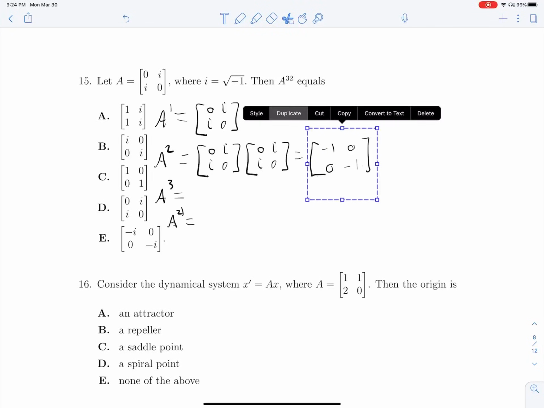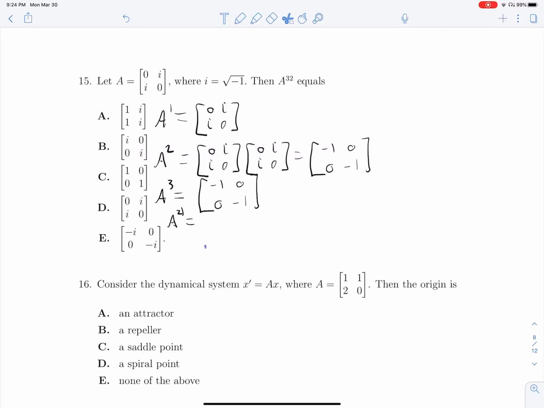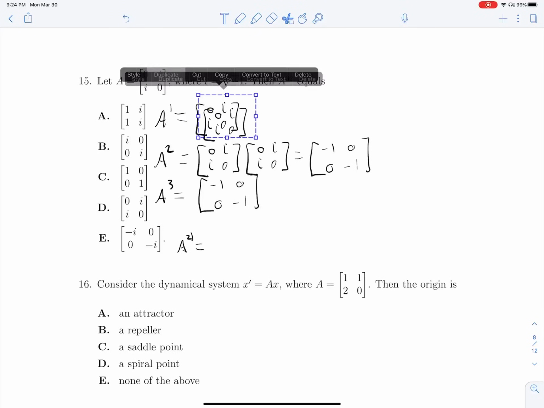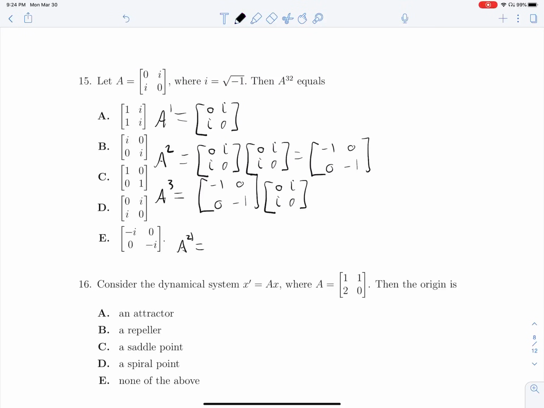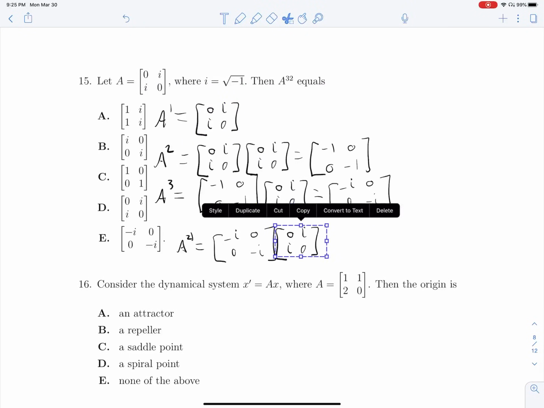If we're looking for A cubed, we're going to multiply A squared by A. Let's bring that back down here. And when we do this, we're going to get negative i, 0, 0, negative i.